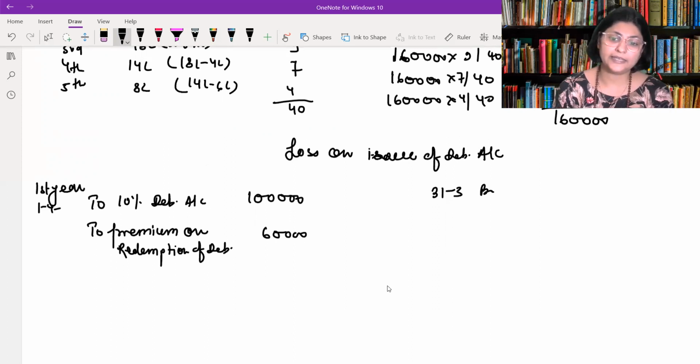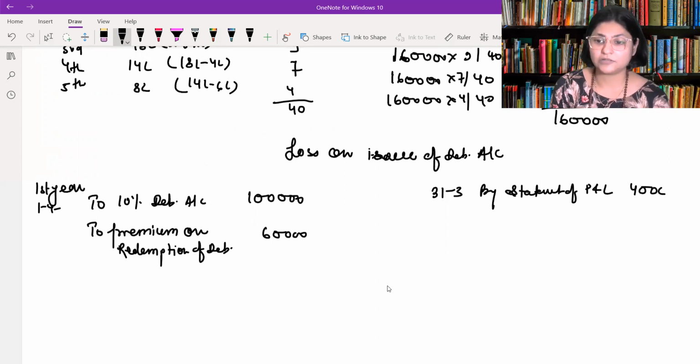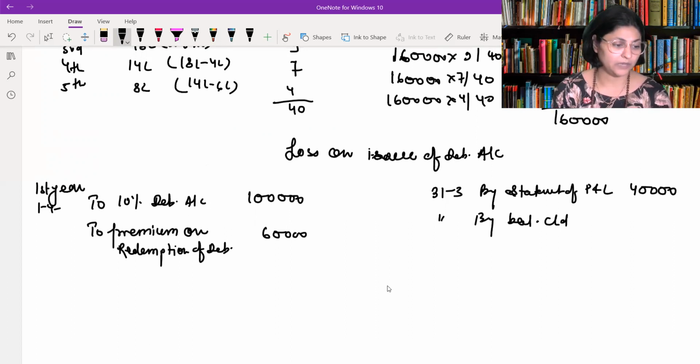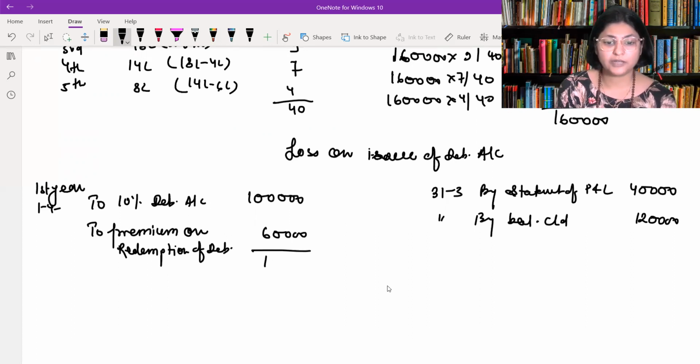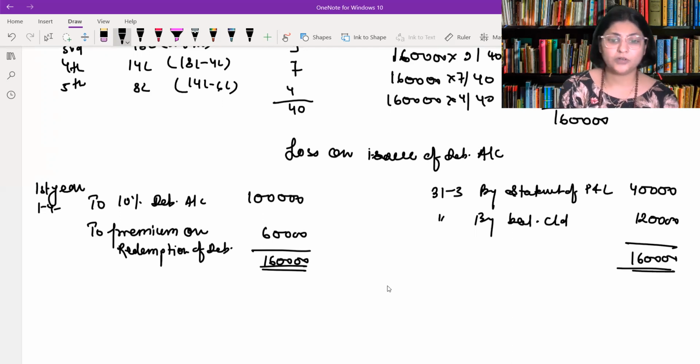Now I will write at the end of the year by statement of P&L, which is in the first year we had written off 40,000 rupees, and the remaining will be carried forward to the next year. So I'll write here balance carried down the remaining amount, and the remaining amount is 1,20,000, making it a total of 1,60,000. Going to the next year and writing down the balance, the opening balance will come over here in the second year.